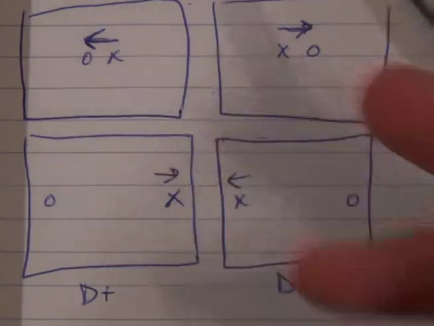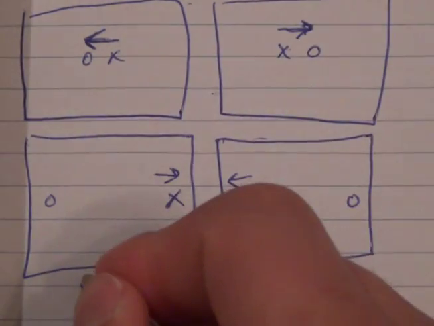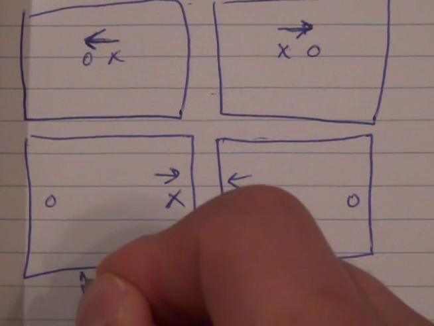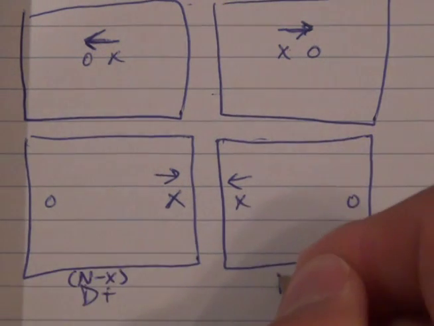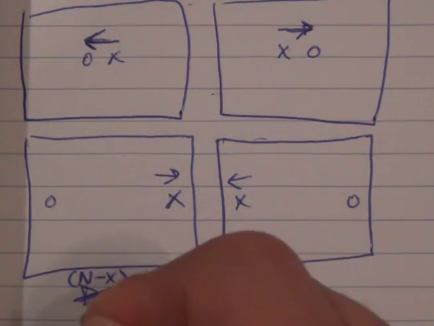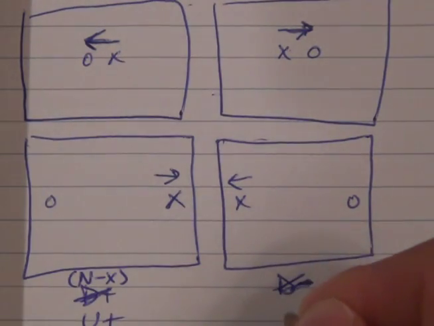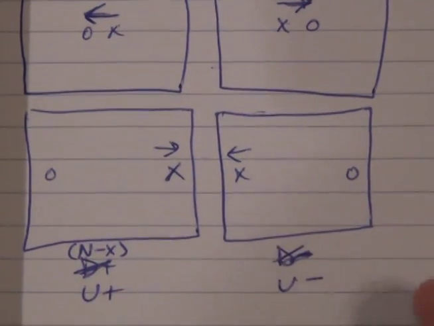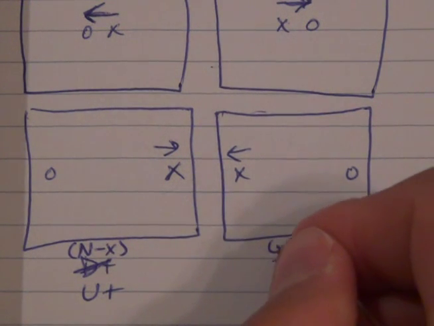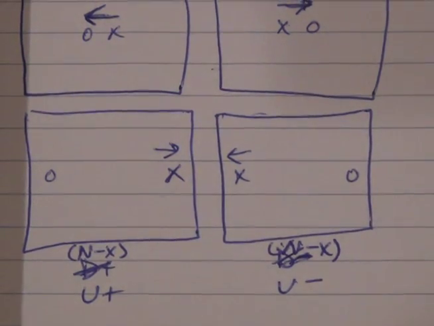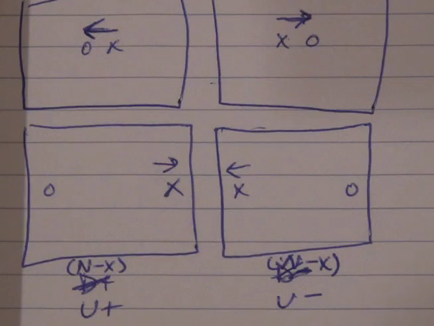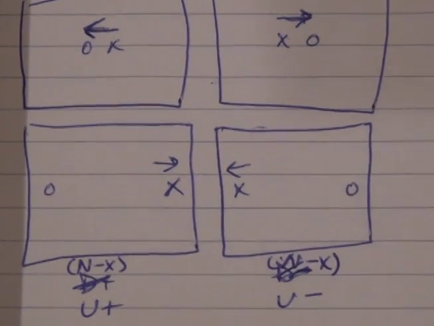So we have D, which is n minus x. We'll call it u. U is positive, and u is negative. So u is n minus x. So that tells us which row, which column we're in. I think we've got that down.